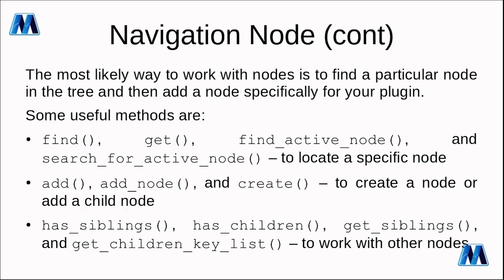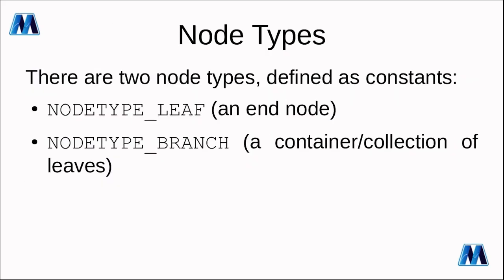So the navigation API gives you many ways to work with the navigation. Some useful methods are things like find and get, to find particular navigation nodes, add nodes and create, to add nodes to the navigation tree, and then you can find information about a node by having a look to see whether it's got siblings or children, and getting the siblings, etc. So there are two node types, and they're defined as constants: the node type _leaf, which is an end node, and the branch, which is the container for the leaves.